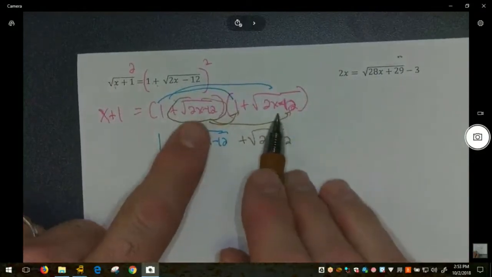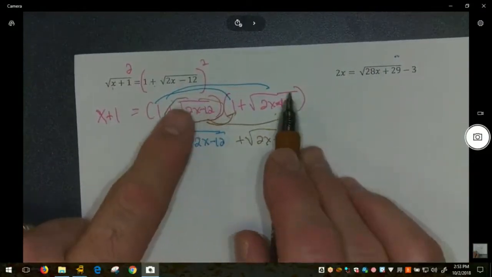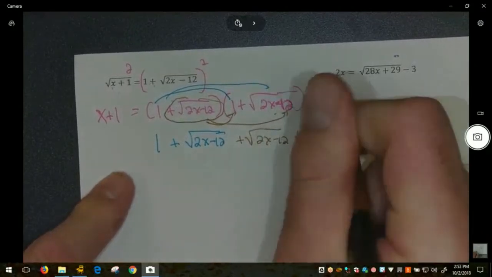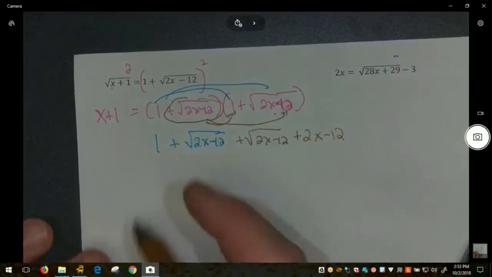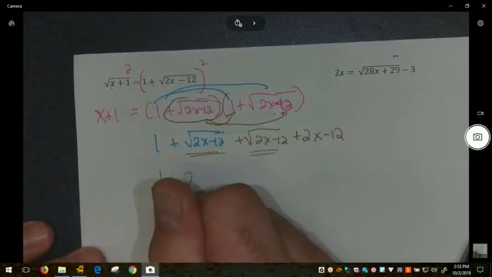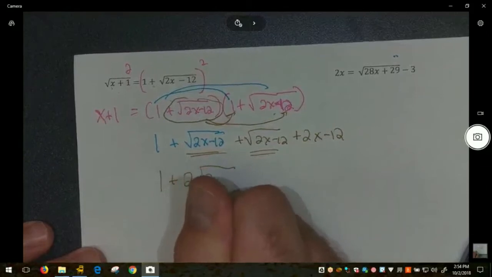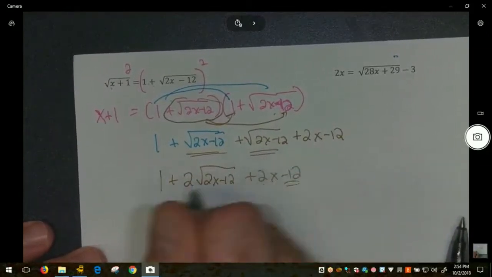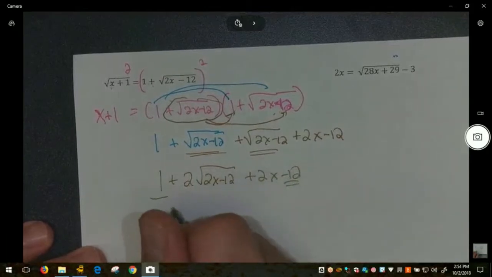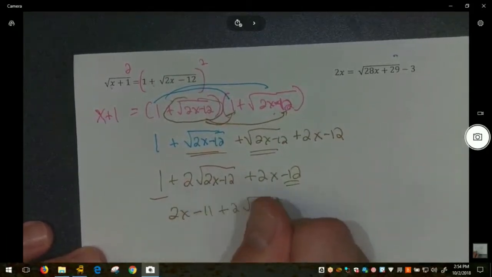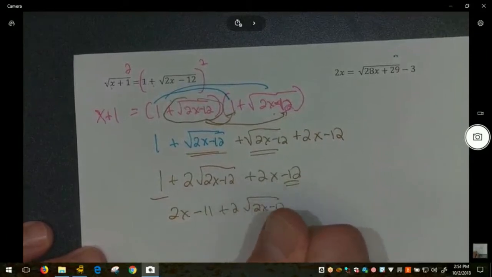And multiplying it by itself, when I have 2 of the same factor under the radical, it escapes the radical. So I just have 2x minus 12. When I combine like terms on this left-hand side, I have 1 plus, there are 2 of these, 2 square roots of 2x minus 12, plus 2x minus 12. I forgot to combine those terms. So this is actually 2x minus 11 plus 2 square roots of 2x minus 12.